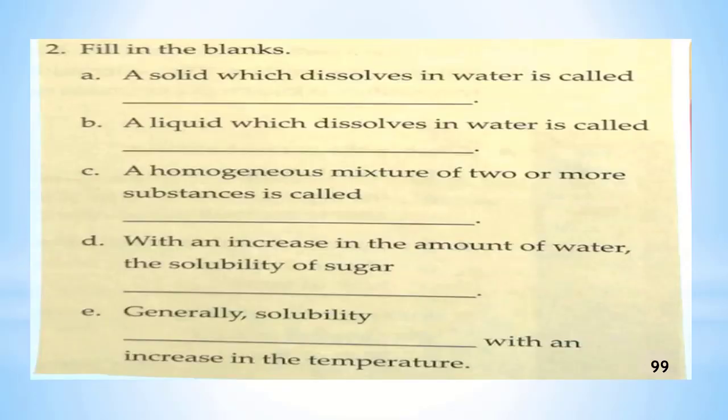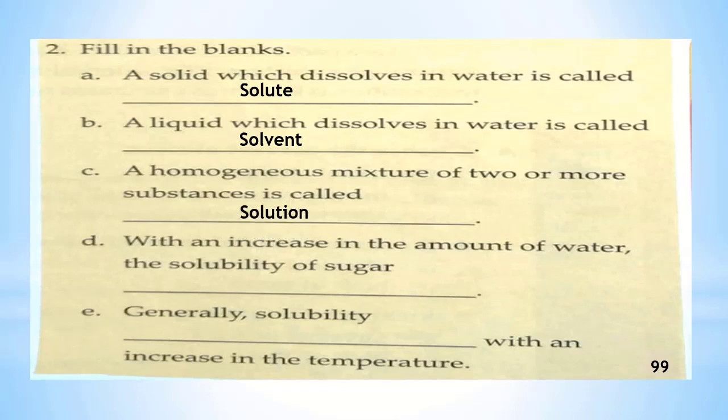Question number 2. Fill in the blanks. A. A solid which dissolves in water is called a solute, because we read about water and sugar, in that the water is solvent and the sugar is solute. B. A liquid which dissolves in water is solvent. C. A homogeneous mixture of two or more substances is called a solution, combining solute and solvent together they make a solution.